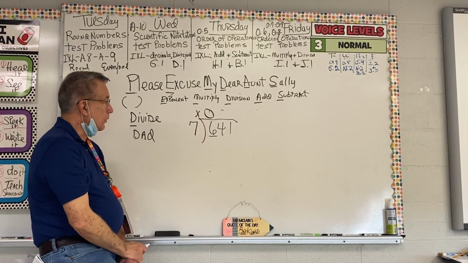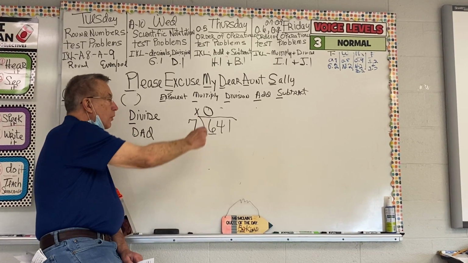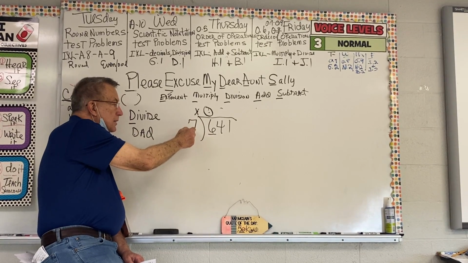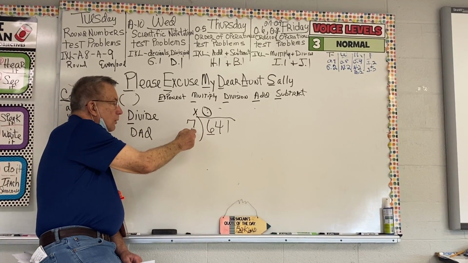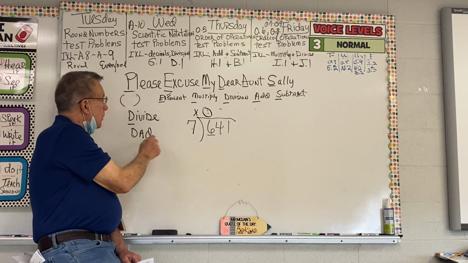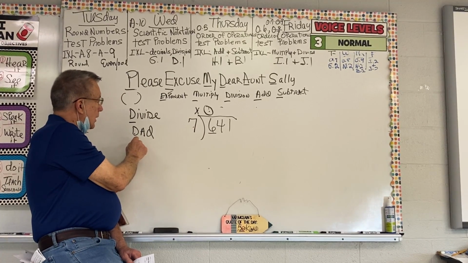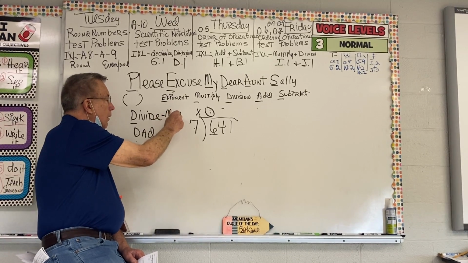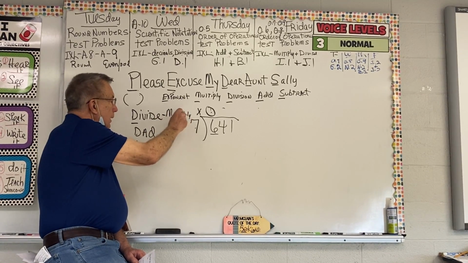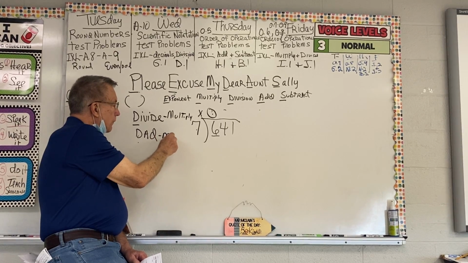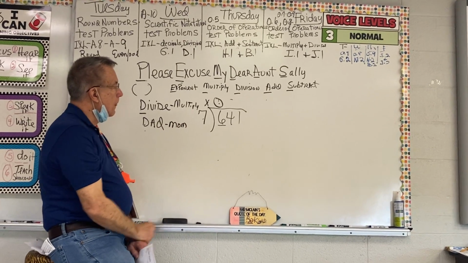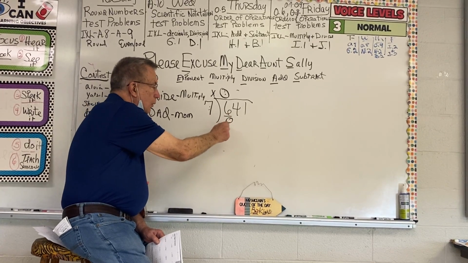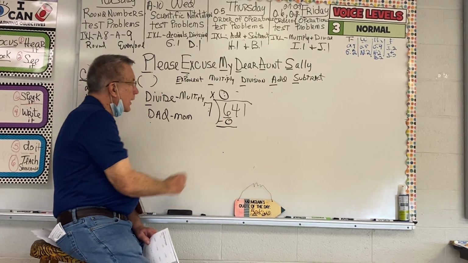I usually don't do that, but I think it's a good idea to remind you that 0 times this number here, outside the box, so 0 times 7 would be, first of all, I want to say the second thing you do is multiply. And M could stand for mother, or mom, whatever. So then 0 times 7 is the 0 here, and we're ready for the next thing, which is subtraction.